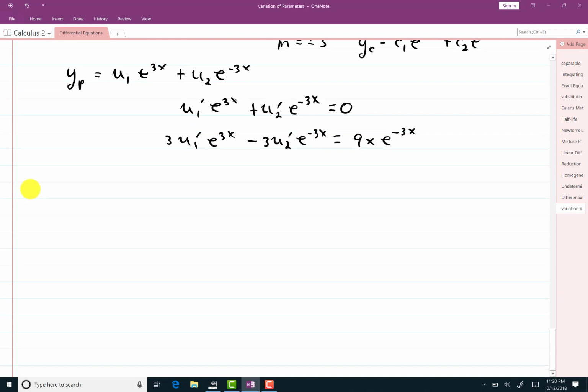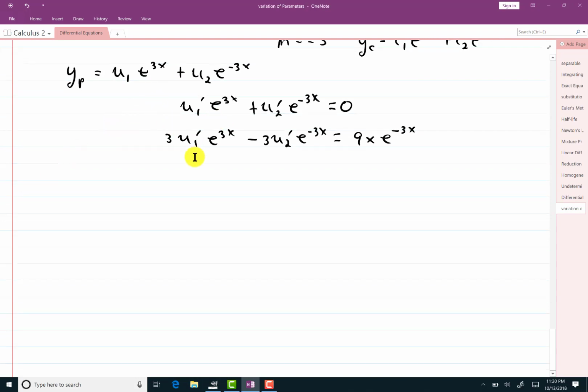So this will allow me to solve for u prime. Now you'll find it so much easier in these problems if you divide, well, I can't actually, I was going to divide everything by e to the 3x, but these are negative 3x's, so no, I'm not going to be able to get rid of it. So what we're going to do then is go ahead and solve these using Cramer's rule.